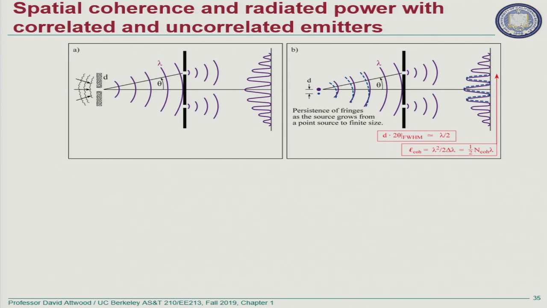The coherence length is basically the number of periods that it takes to go out of phase times the wavelength. The top one is a little less easy to interpret. Basically d dot theta equals lambda over 2. The idea is that if d dot theta is greater than lambda over 2, then it's not fully coherent. It's kind of a misleading equation because they're not always equal. It's not saying they're always going to be equal.